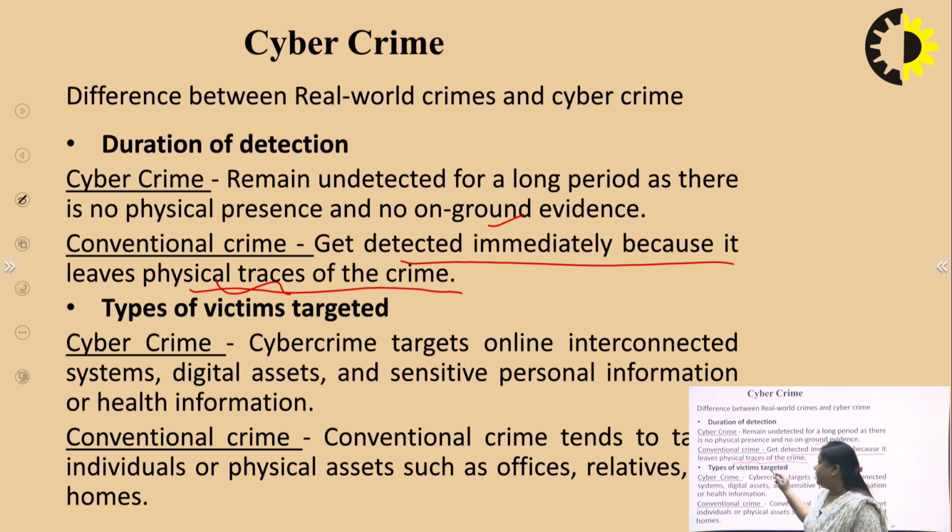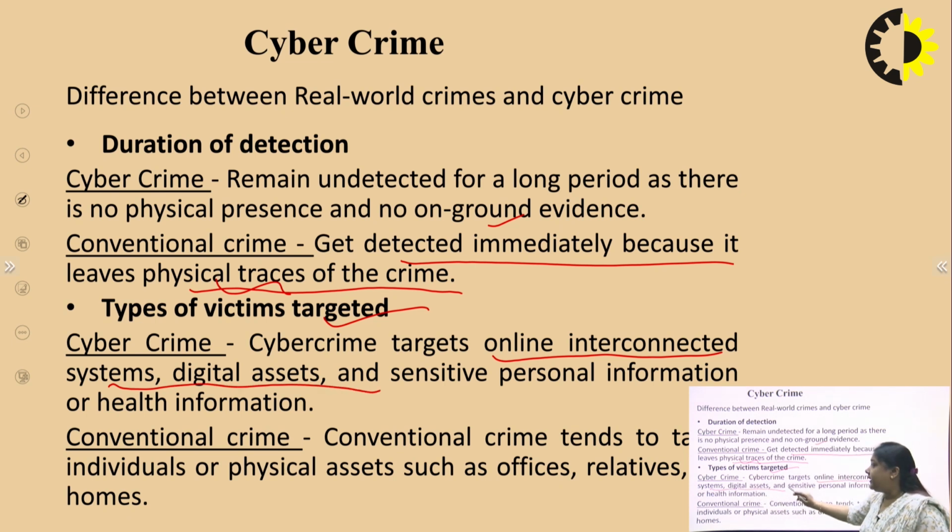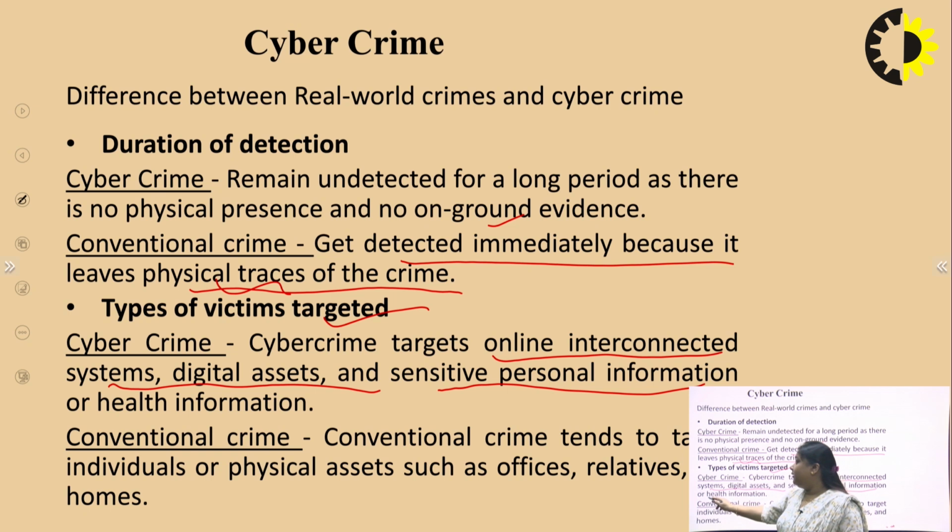Now in the next way, types of victims targeted. We can also differentiate it on the basis of the victims. If we talk about cyber crime, it targets online interconnected systems, digital assets, online systems, computers, networks. The targets are to steal the information, or to provide wrong content, or to damage some information system of an organization.